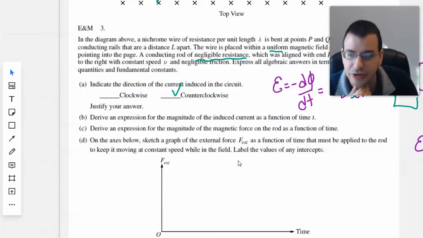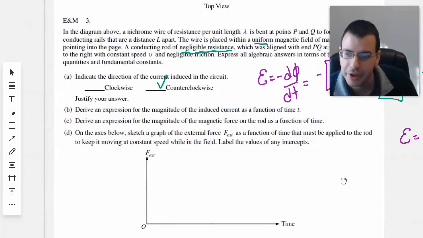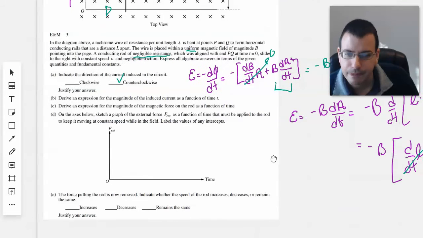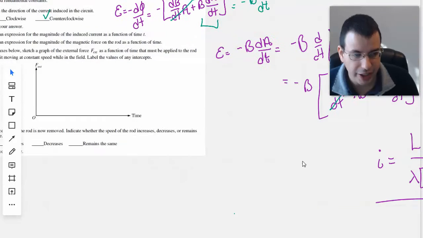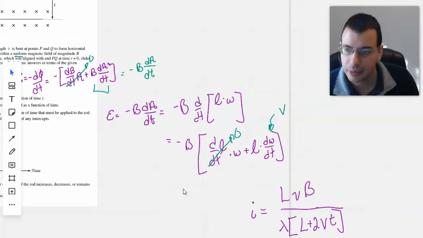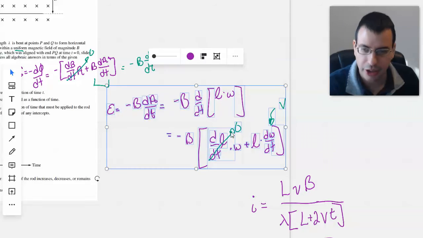Do I have an expression for the magnitude of the magnetic force on the rod as a function of time? Okay? We can do that. So the idea here, we can probably get rid of these. Yeah, I'm sure we're fine. Cleaning this up.